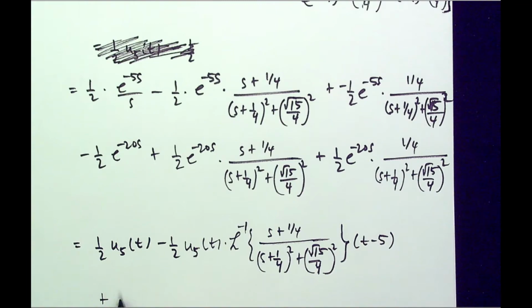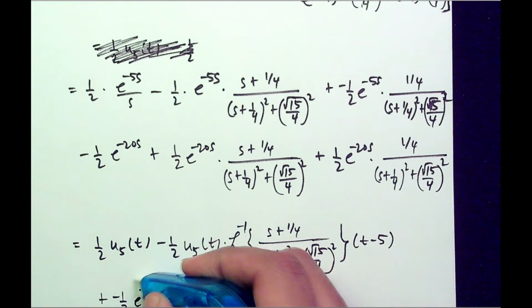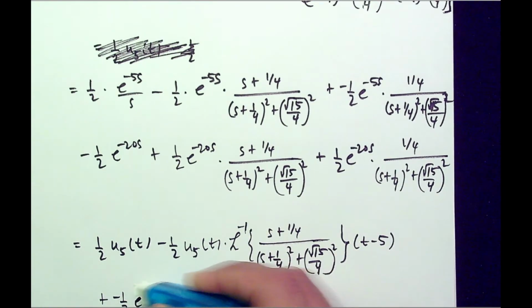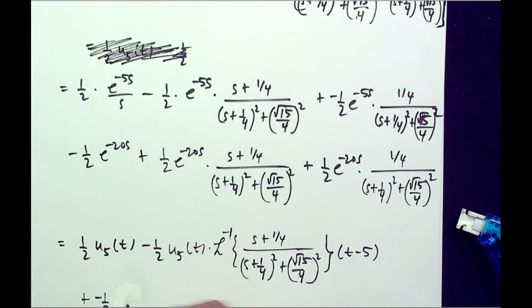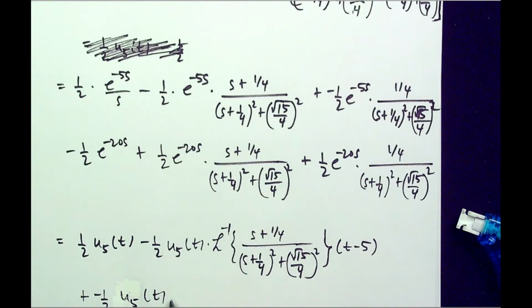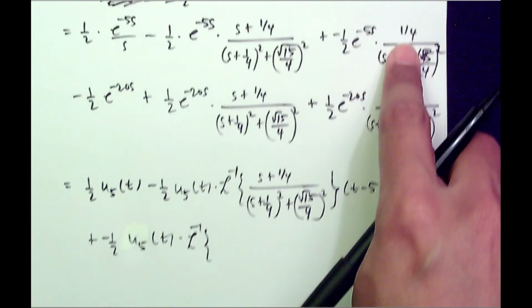And then this is plus negative a half e to the minus 5s. No, it's the same as that actually. It's the same as this. So negative 1 half u5 times the Laplace inverse of almost the exact same thing.